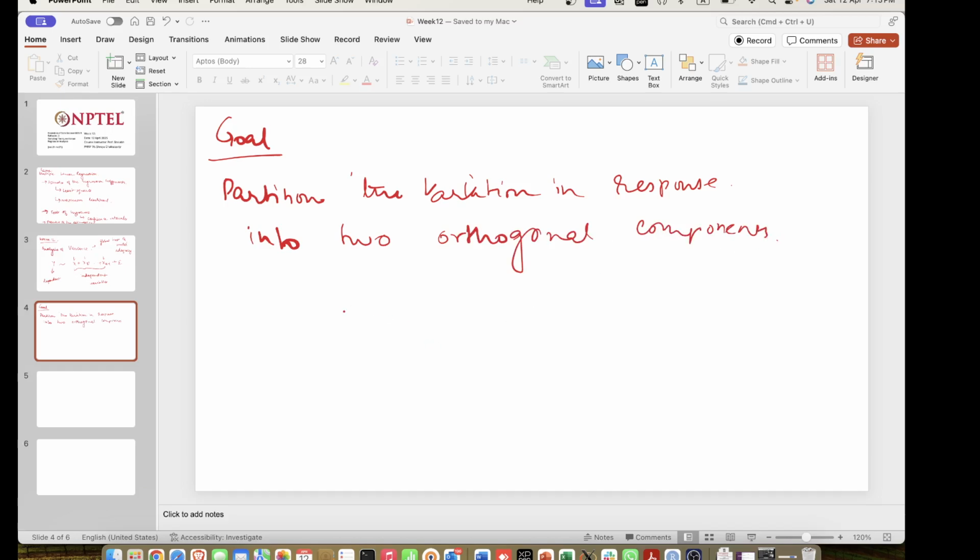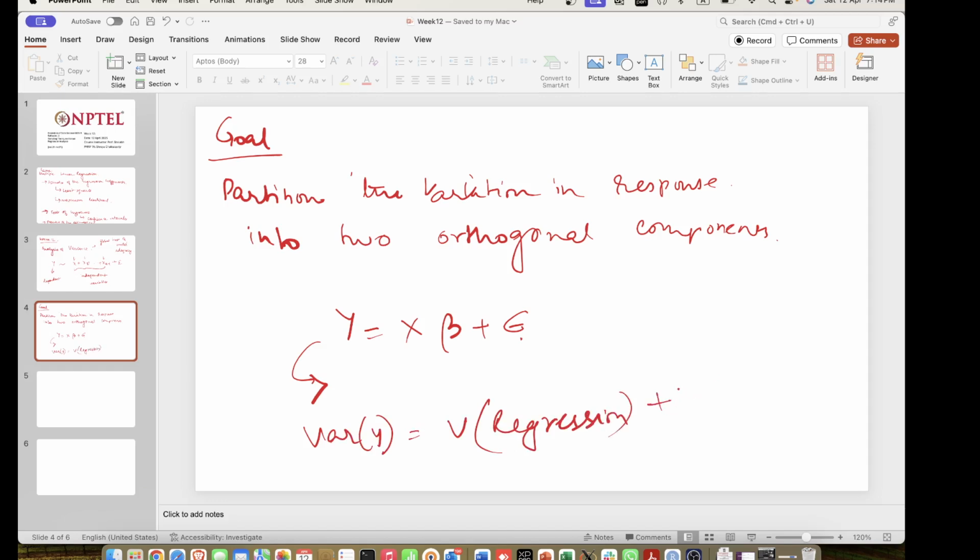If I have a model y equal to X beta plus epsilon, then I want to write that the variation of y is equal to the variation due to the regression plus the variation that is not captured by the regression.